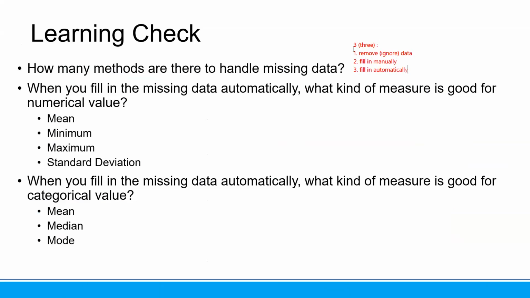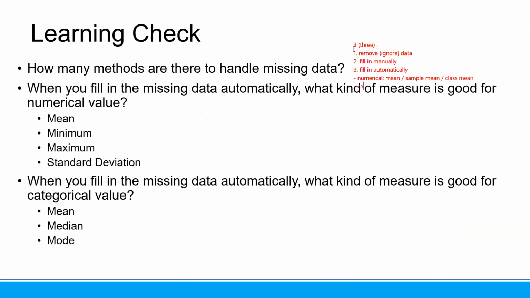And when you do the fill in automatically, there will be many options. If your data is numerical, you can use mean, or you can use the sample mean, okay? Or you can use the class mean.